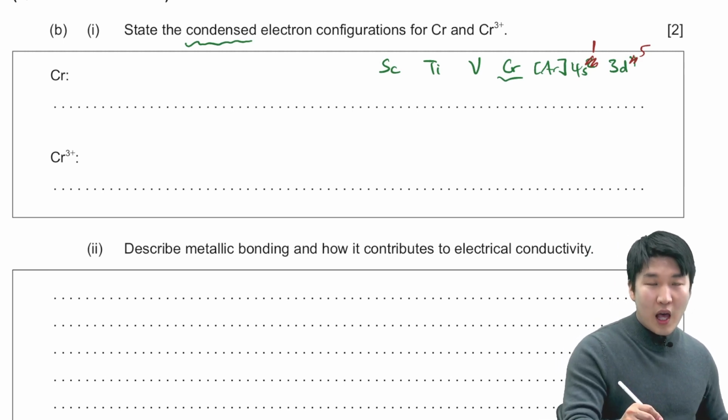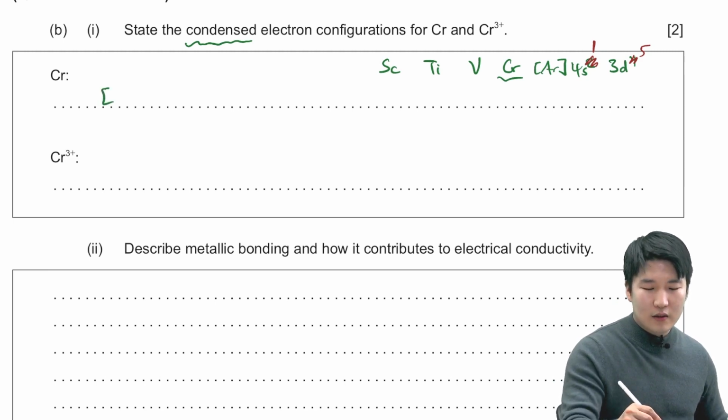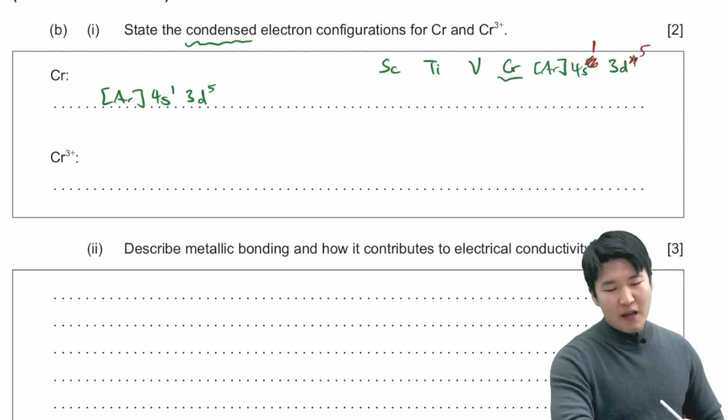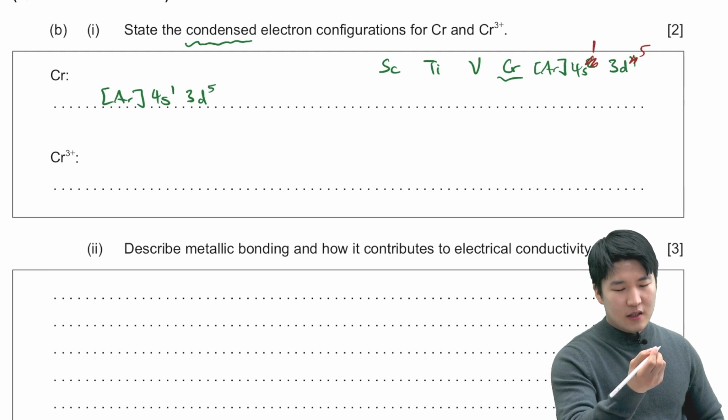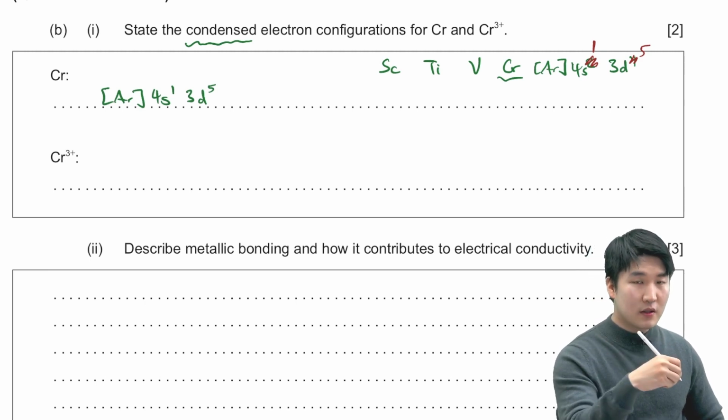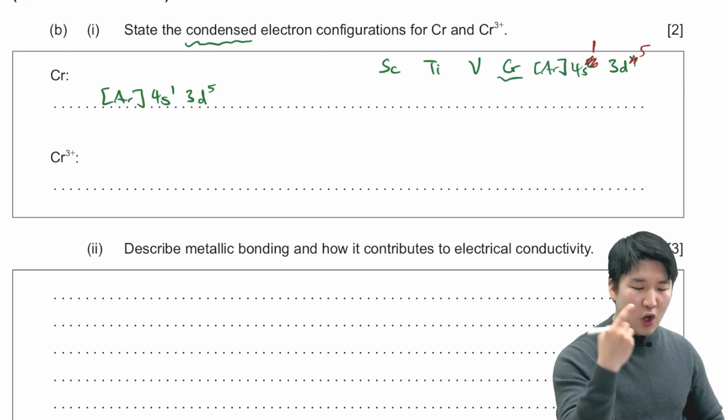Therefore, the chromium will have condensed electron configuration of Ar 4s1 and 3d5. Then we have the chromium ion with the oxidation state as 3+, meaning we have lost 3 electrons from 4s1 and 3d5.